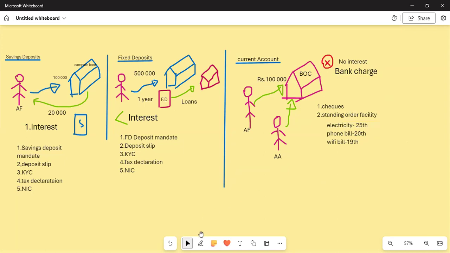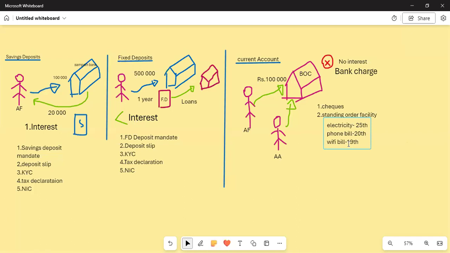Therefore, I give an order to the bank, asking the bank to pay these things from my account: electricity bill, pay it on the 25th; phone bill, pay it on the 20th; Wi-Fi bill, pay it on the 19th. I am giving a standing order.